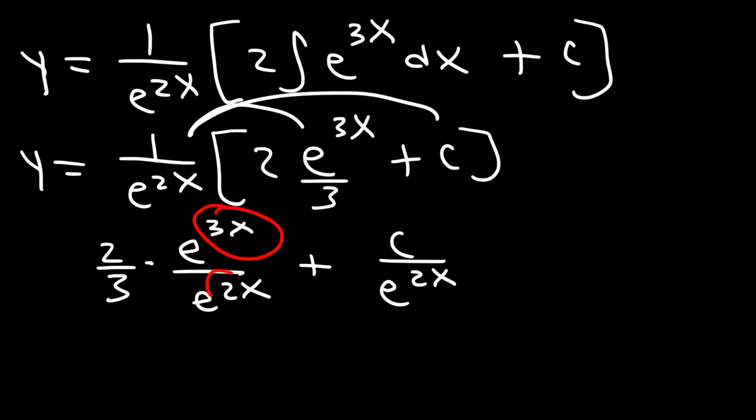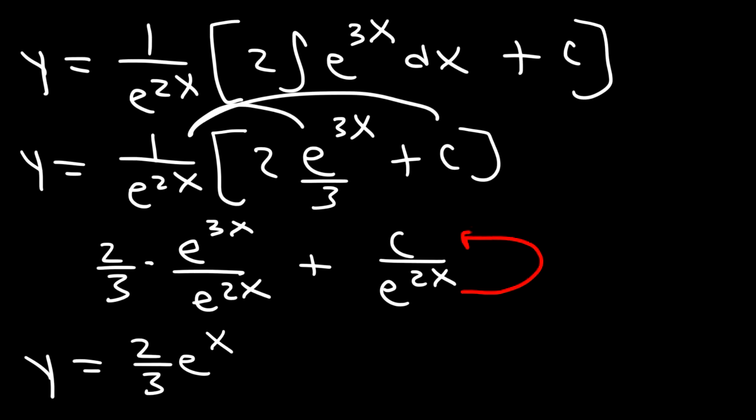So 3x minus 2x is 1x, or simply x. So we can say y is 2 over 3 times e to the x. And then e to the 2x, we can move from the bottom to the top. So this is going to be plus c e to the negative 2x. And this is the final answer.